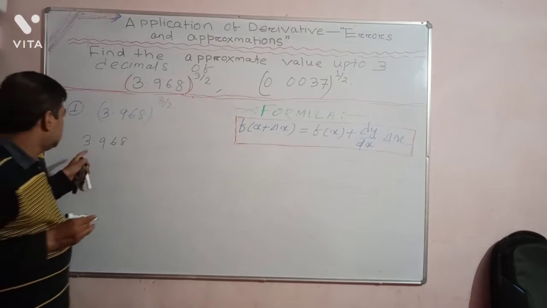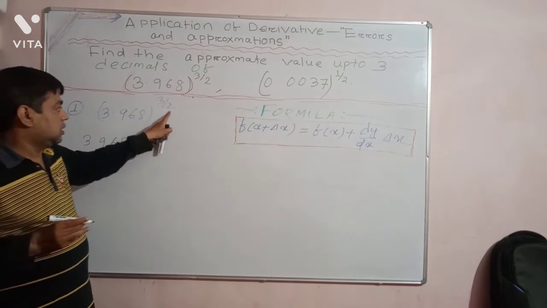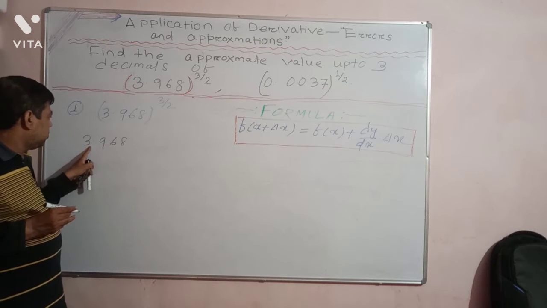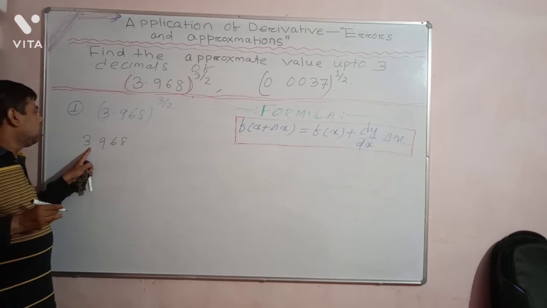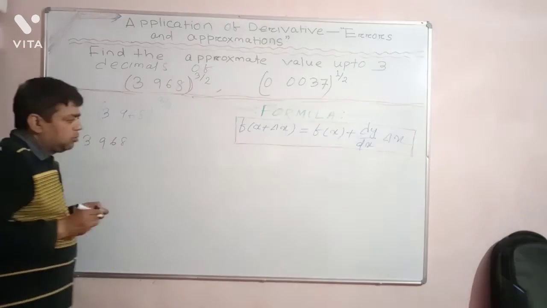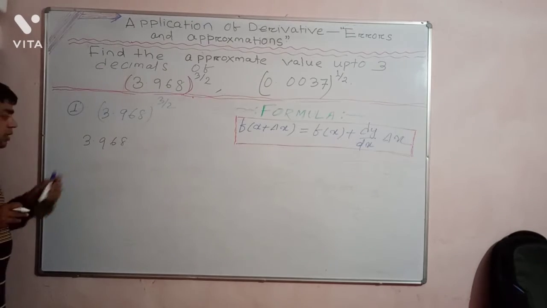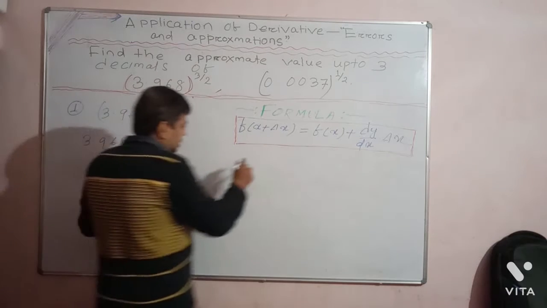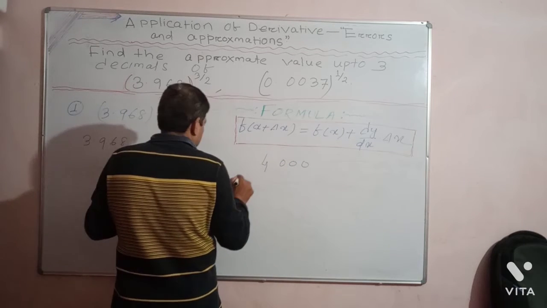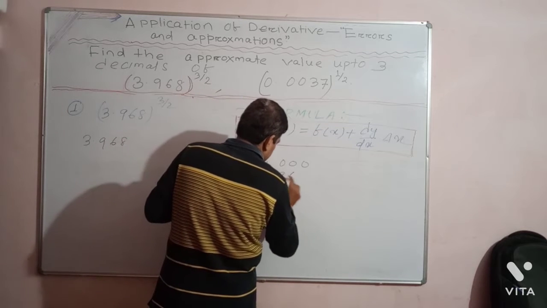Understand? So here you see 3.968. You see the denominator; the denominator is 2. That's why you have to arrange this: you have to find the nearest perfect square number to 3.968, and all of you know the nearest perfect square number is 4. We can write this number as 4 minus 3.968.